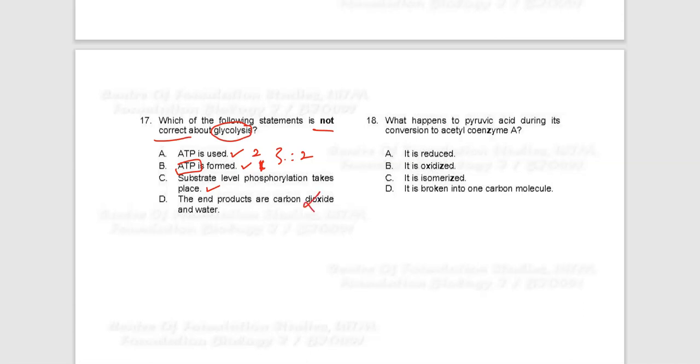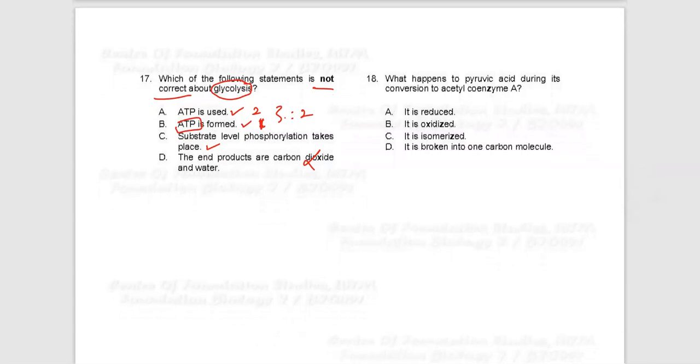Number 18, what happens to pyruvic acid during its conversion to acetyl coenzyme A? Pyruvic acid, or pyruvate, which is a 3-carbon compound, will release its carboxyl group, COO negative, as carbon dioxide.